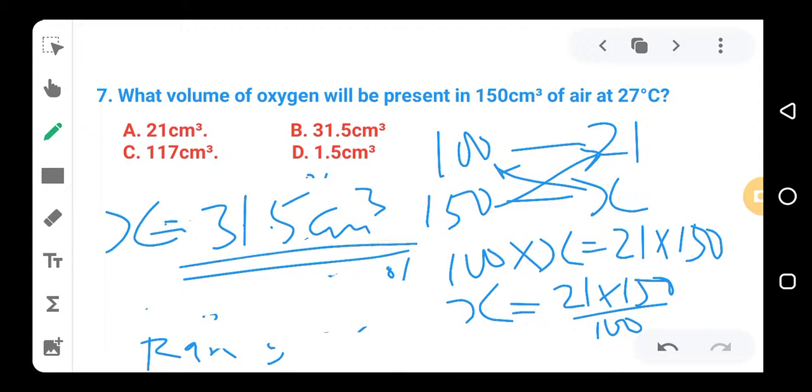If you do the calculation, it will give us this. Do we have this in the options? Yes, that is option B. So option B is the correct answer.